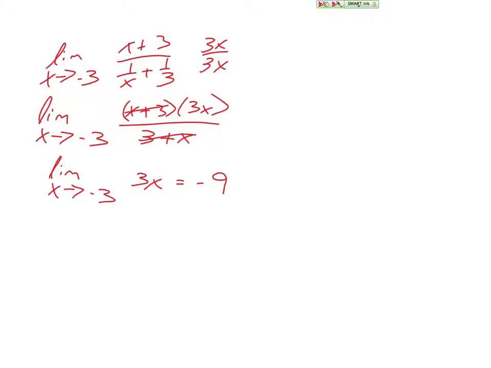Part C? Yes, please. Okay, so I have x cubed minus x over x minus 1. We want a function that agrees with g of x, except at one point. So what they want you to do on this is factor and cancel.